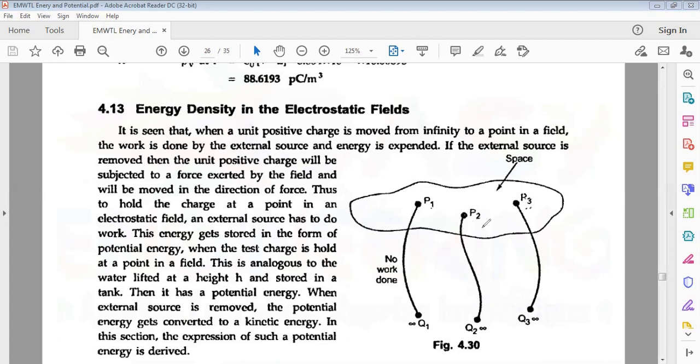Then a force is exerted due to the charge placed at P1.